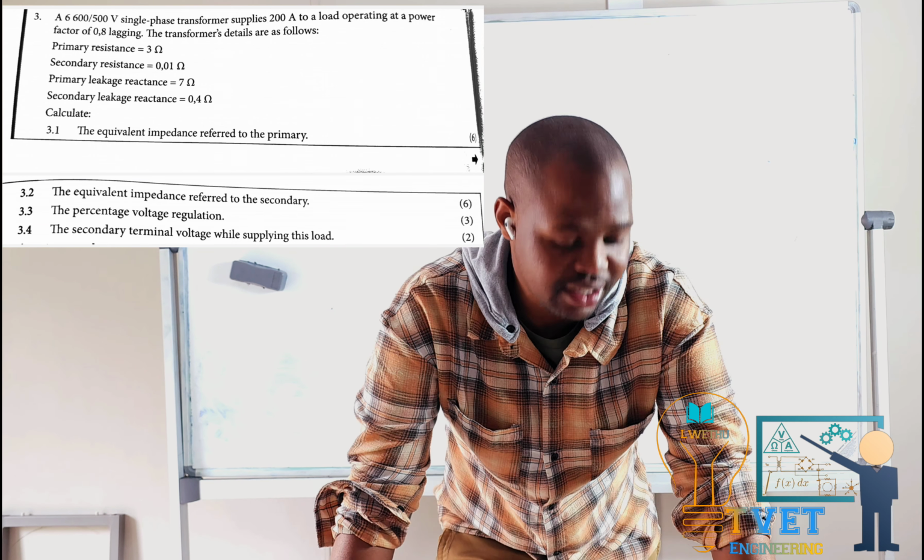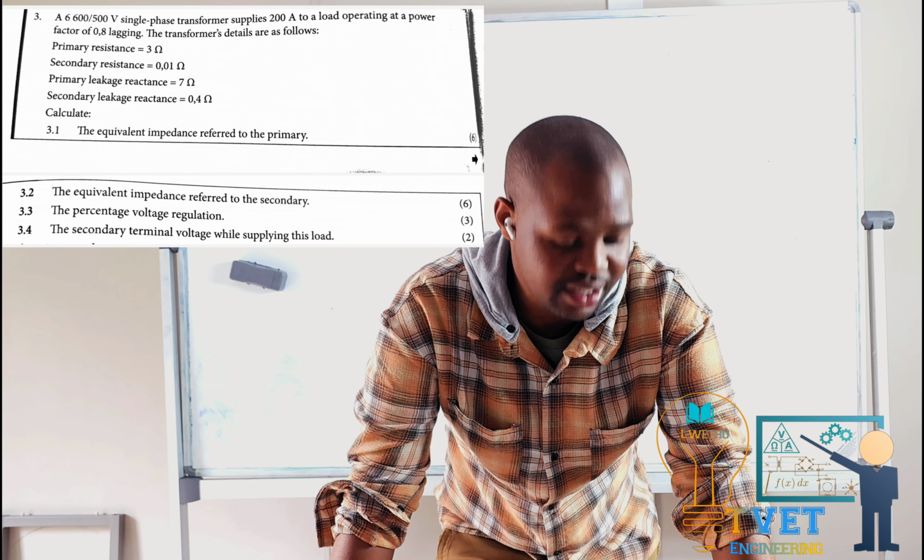So the equivalent resistance referred to the primary is R1 plus R2 times the transformer ratio squared. We are given a primary resistance, what is it again? 3. Then secondary resistance 0.01.